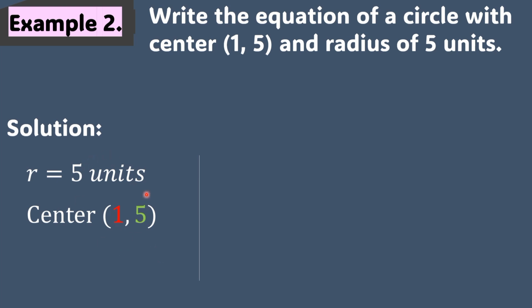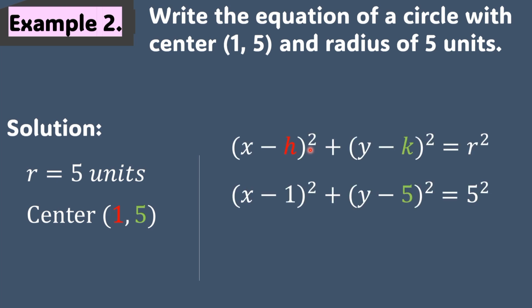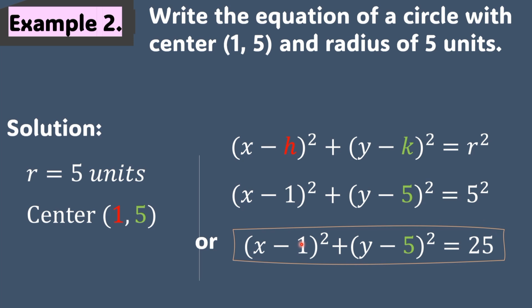Substituting the given values to the center-radius form, that is (x − 1)² because h is 1, plus (y − 5)² because k is 5, equals 5². Or you may write this as (x − 1)² + (y − 5)² = 25.